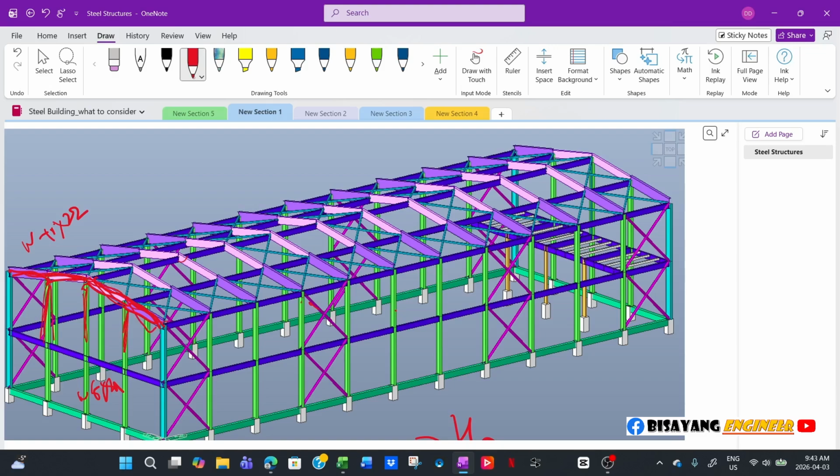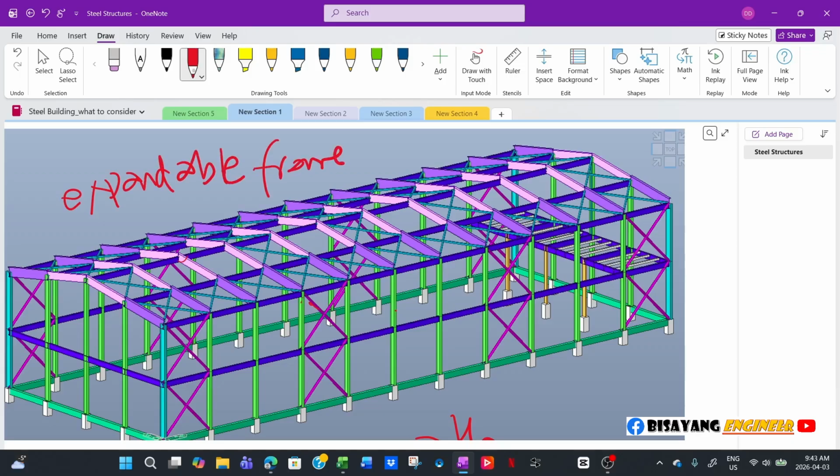So the only time a manufacturer uses a moment frame for in-wall framing is if this is an expandable frame. If the owner already knows that in the future there will be some kind of expansion, then this frame will be analyzed as any other intermediate frame.